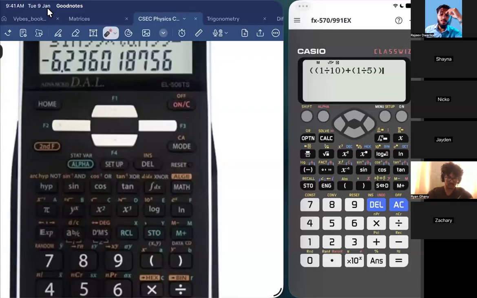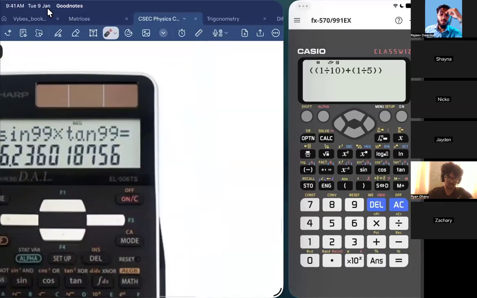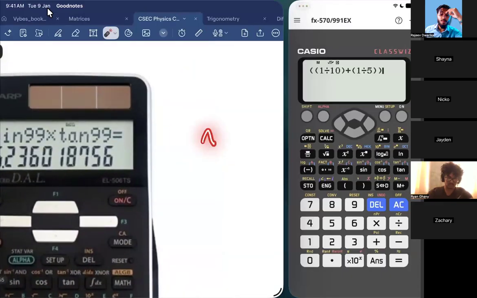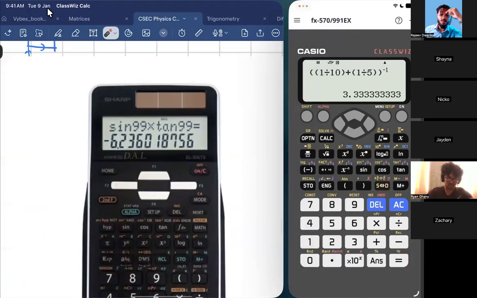Alright, so here we're gonna do it for Magellan. You're gonna press Y to the X and a little thing like this should pop up. When that pops up, you're gonna open a bracket, put -1, close the bracket. Right, so you press that to the power -1 and you get 10 over 3, which is 3.33.